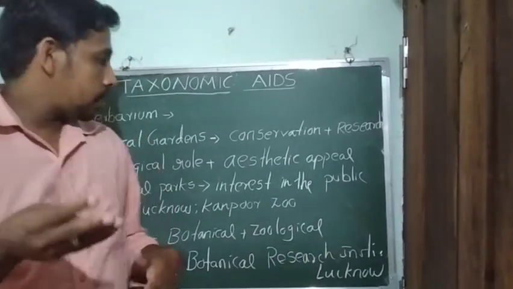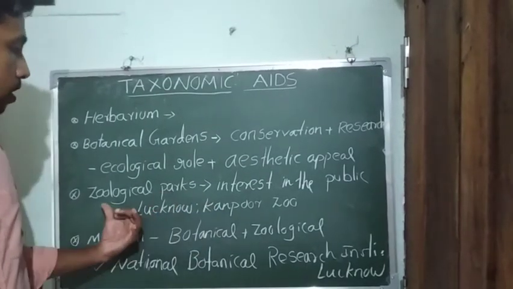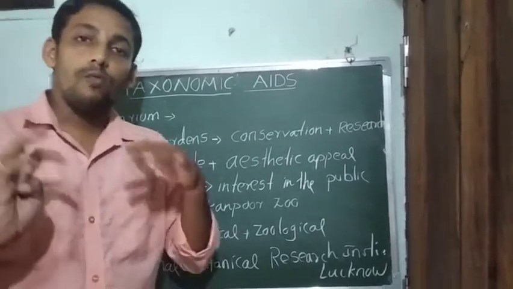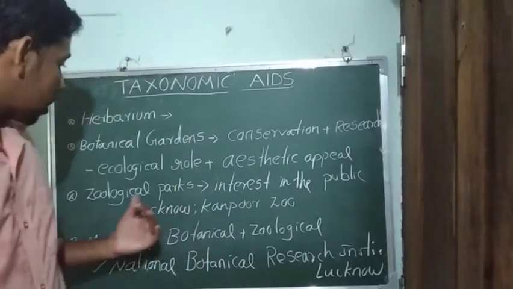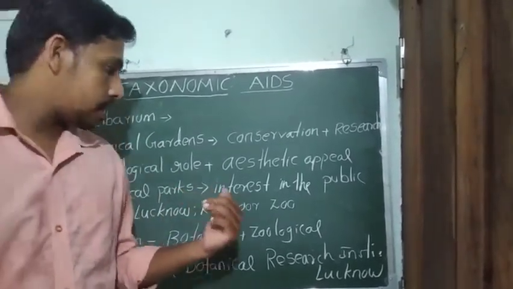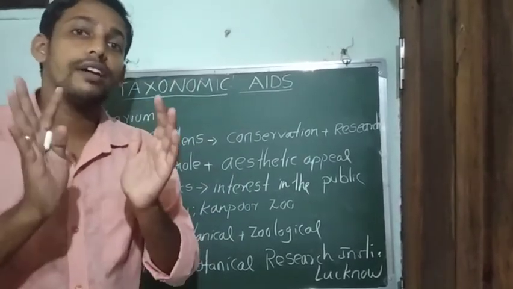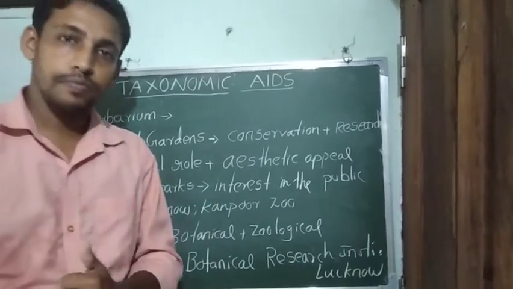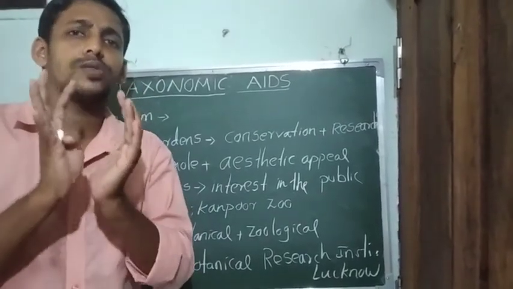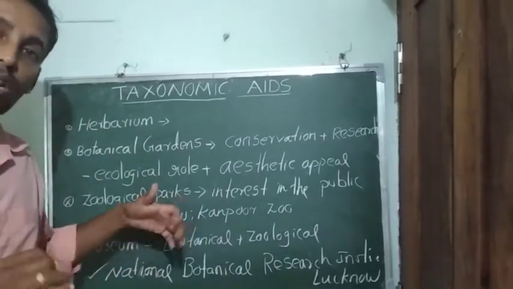Then come the zoological parks. This is the place where wild animals are kept in a protected environment under human care. Here the animals are provided with conditions similar to their natural habitat.